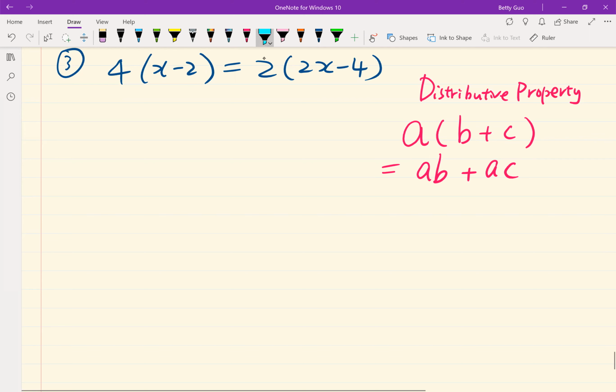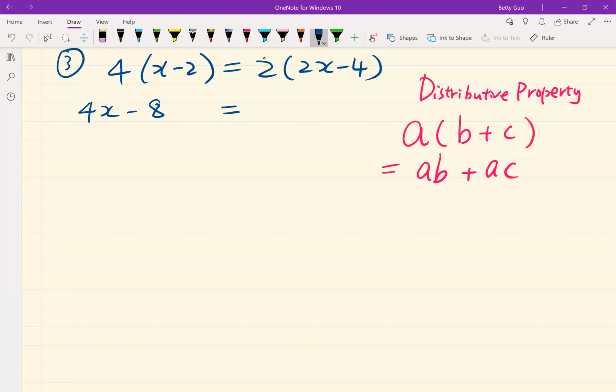4 here is the coefficient, so we multiply each single term inside the parentheses by 4. We have 4 times x, that is 4x. We have 4 times -2, so be very careful with the sign. The second term inside the parentheses is -2, so 4 times -2 is -8.